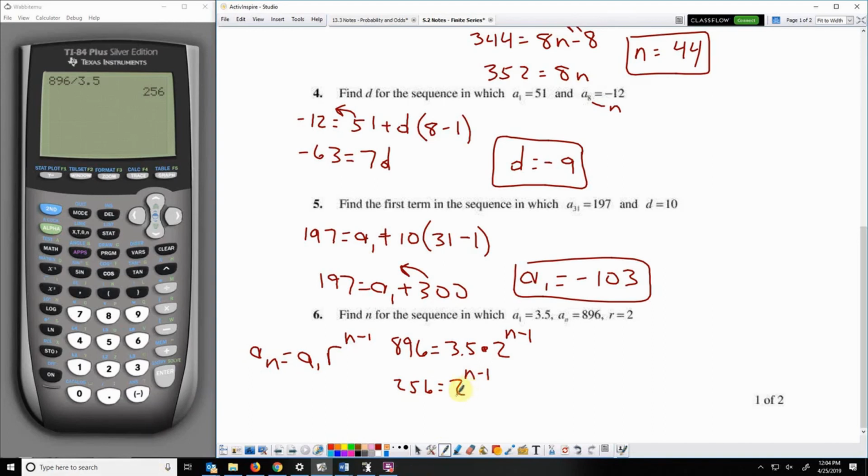I'm going to change that into log form because logarithms help me find exponents. So log, and the base is 2. The argument is 256, and the exponent is n minus 1. Back in the logarithm unit, we learned that in any calculator that has a logarithm button, we can do the change of base formula, log of the argument divided by log of the base.